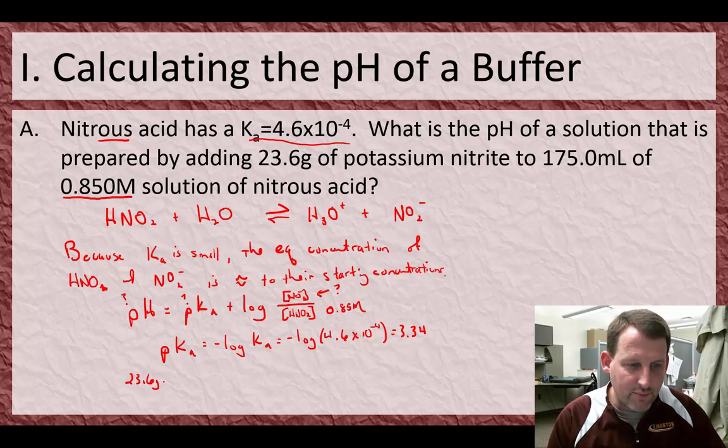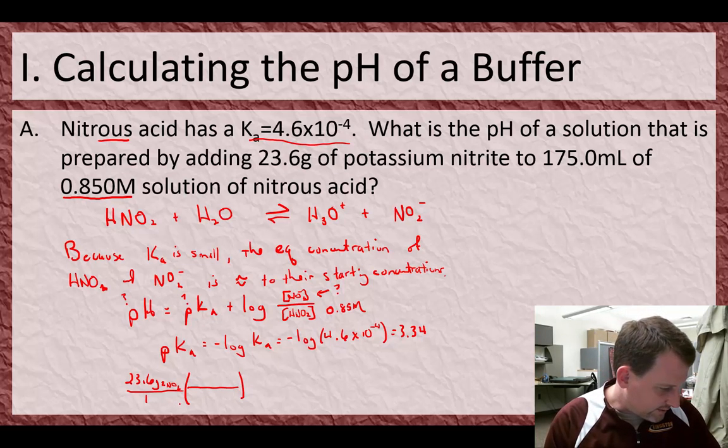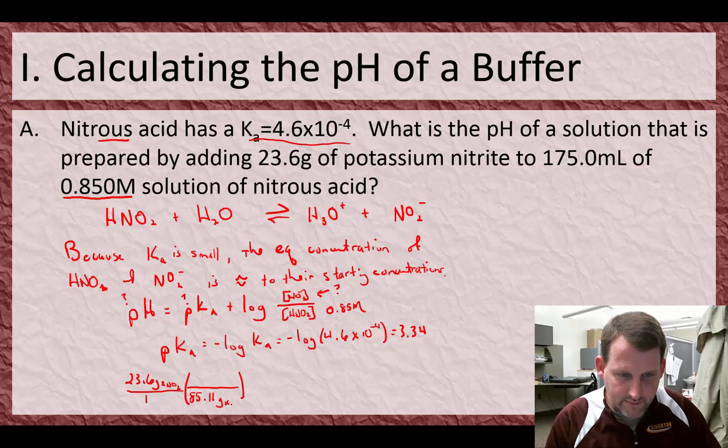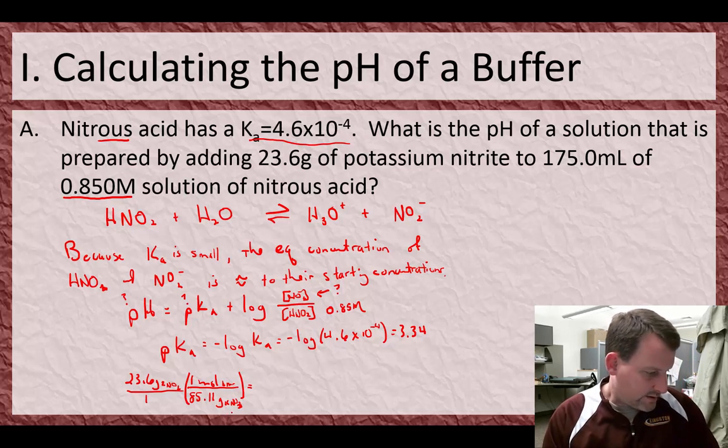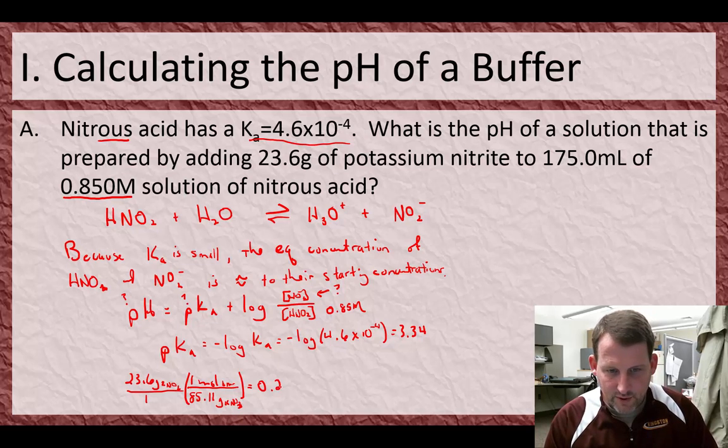All right, so 23.6 grams of KNO2. I need to convert this to moles so I can get my concentration from that. And then I come down here and I say, okay, there's 85.11 grams of KNO2, and I got that number from the periodic table. Just add up the molar mass. 1 mole of KNO2, and that equals 0.277 moles.